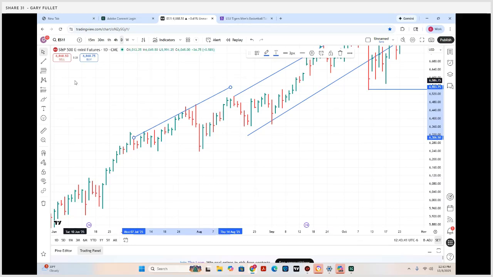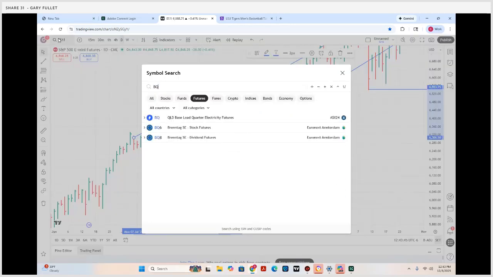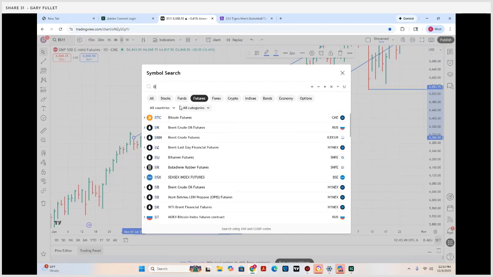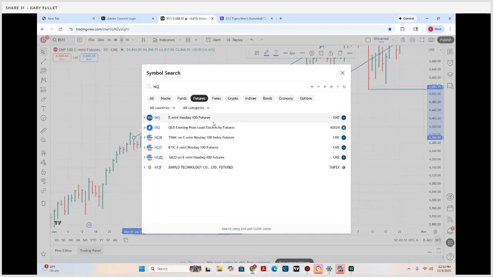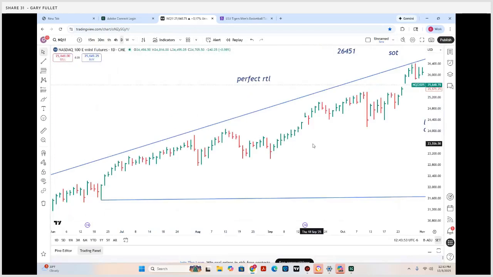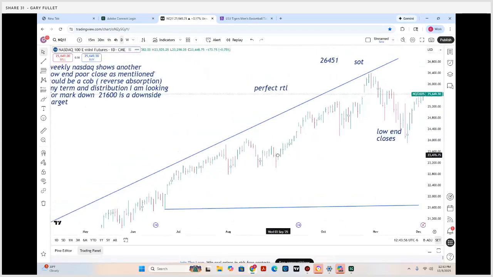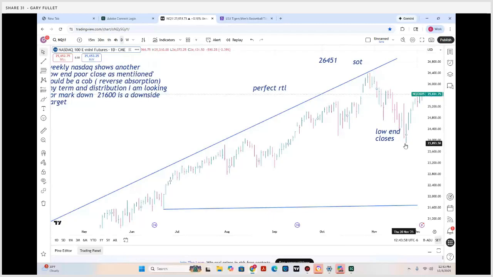Okay? The NASDAQ is probably the bigger example, and I show this all in the newsletter. The NASDAQ, for example, again, has that vertical behavior.